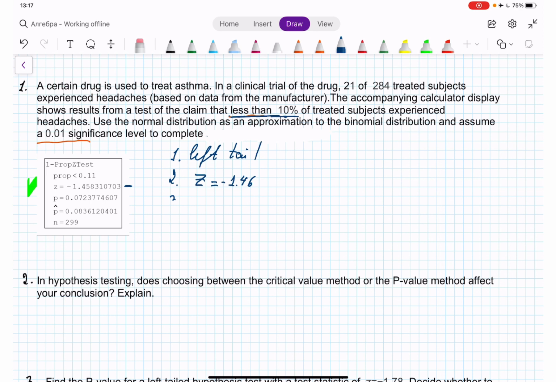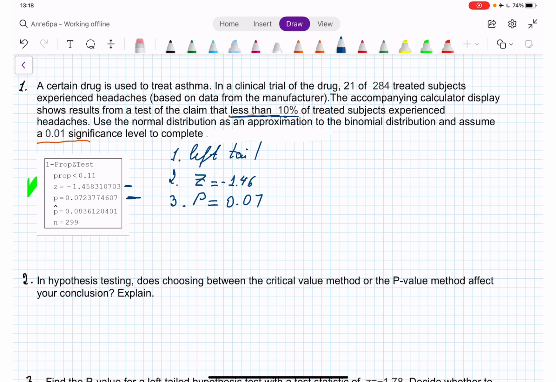P-value, number 3. The p-value is also given from the table output. So the p-value is equal to 0.07. It's right here. Anything else we can read? We need to find out what the null hypothesis is.